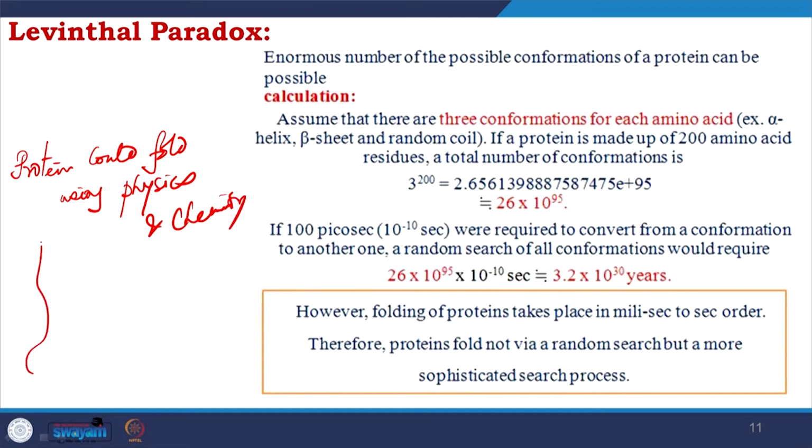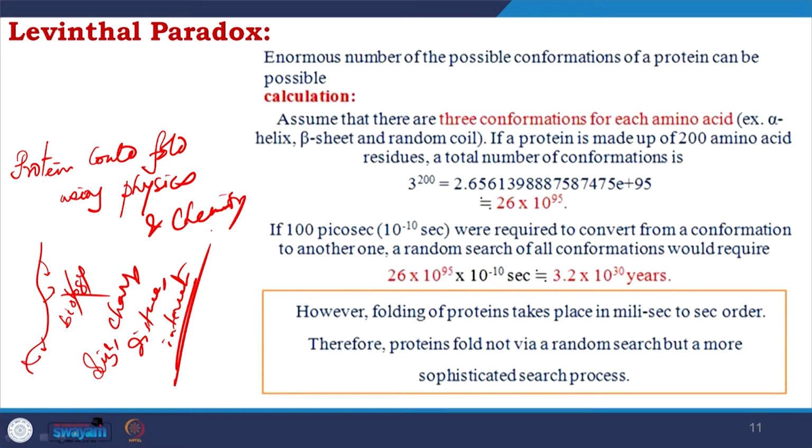A sequence remembers where to fold. So, it folds not by biology, but by remembering the size, charge, distance, interaction. That is why I told it is folding by physics and chemistry instead of biology.